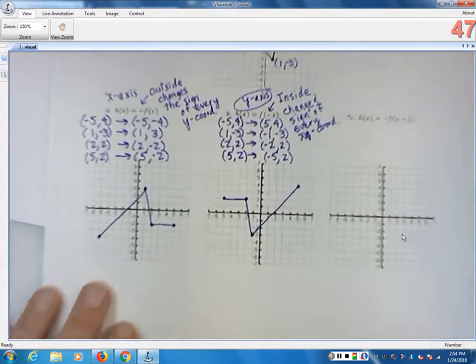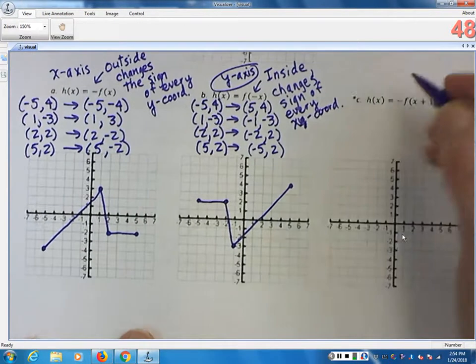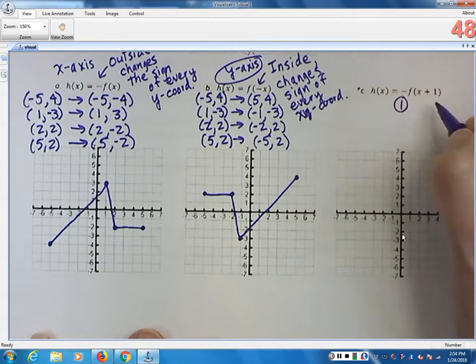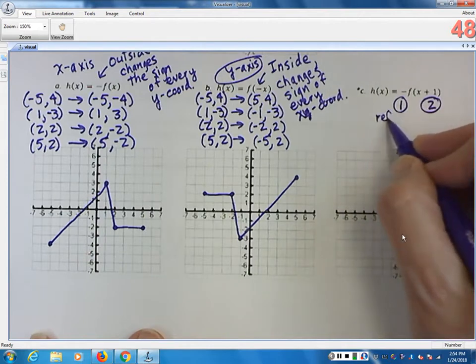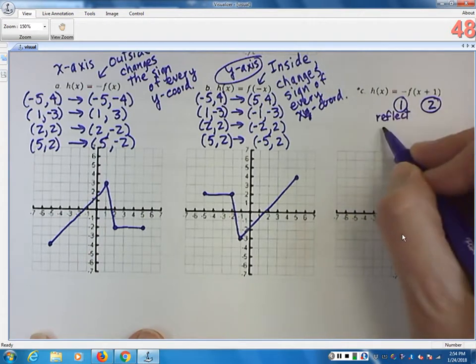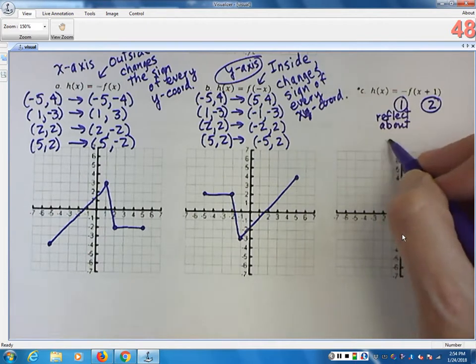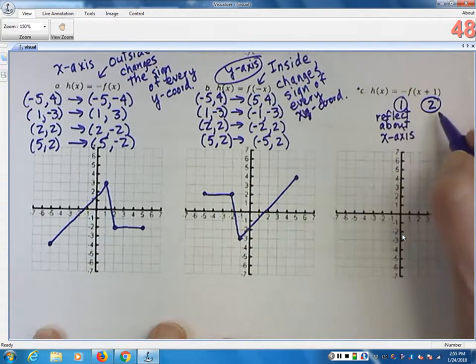And the last one is doing two transformations. So I recommend that you do your reflections first, and then you're going to do, this is a horizontal shift. So number 1 is reflect about the x-axis, and the second step is shift left 1.